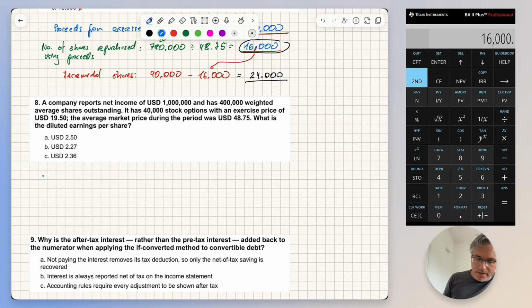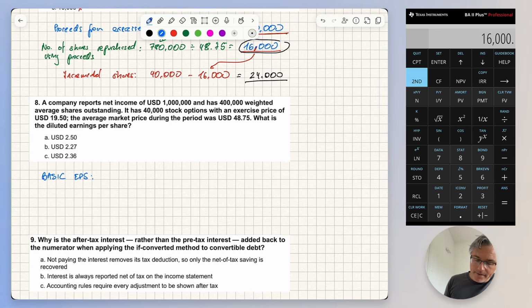Always start with basic. When asked to compute diluted, start with basic. Although, with options on shares, it's very rare that you're going to get a diluted earnings per share that is not lower than basic, unless the exercise price is higher than the average price in the market. That's the only case, and I think we've got a question like that later on as well.